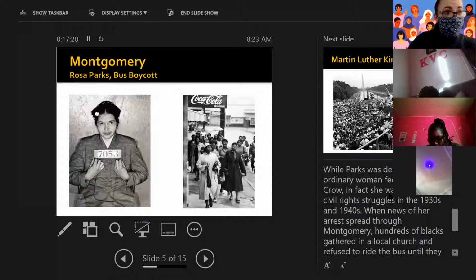While at the time Rosa Parks was depicted as an ordinary woman who was just fed up with Jim Crow, in fact, she was a veteran of the civil rights movement and had been working for the civil rights movement since the 1930s and 40s.